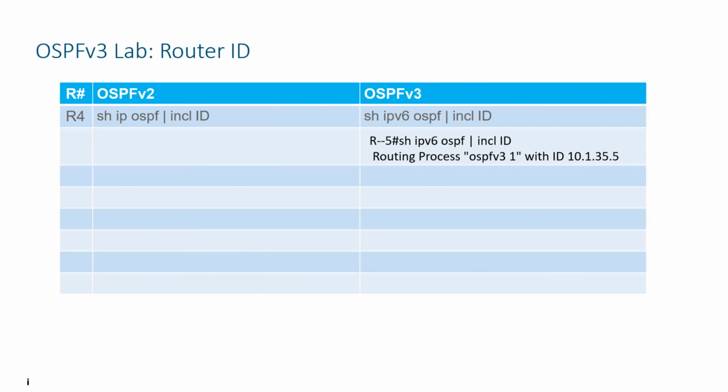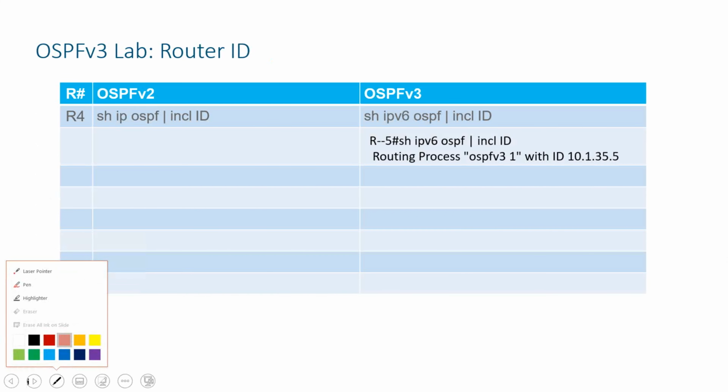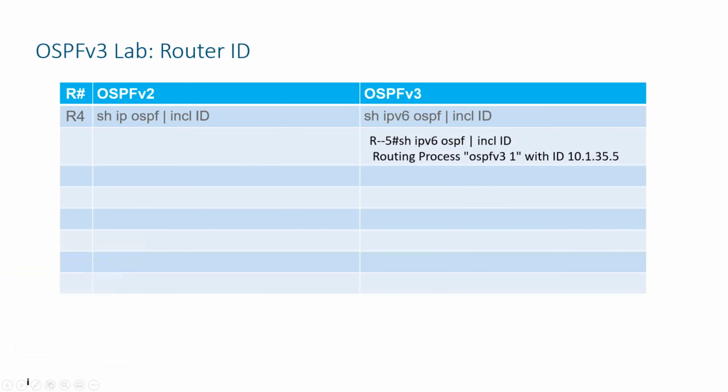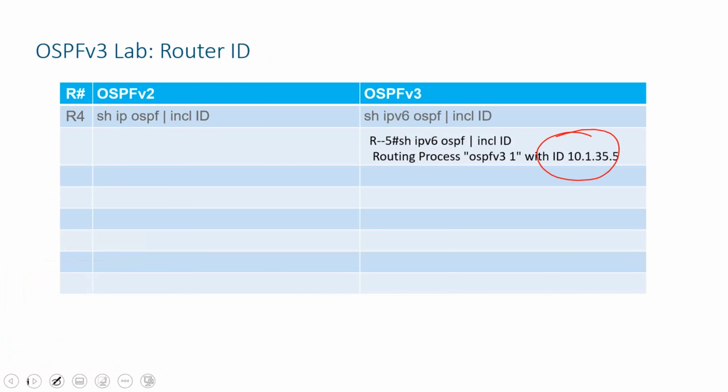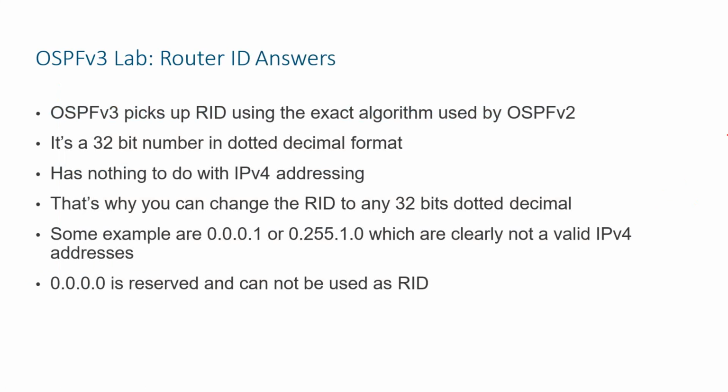Now the router ID, although you can see it is showing IPv4 type of numbering, you may think why not have something like 1::1 here as a router ID. Router IDs are not that important in IPv6. You can see the notes here.